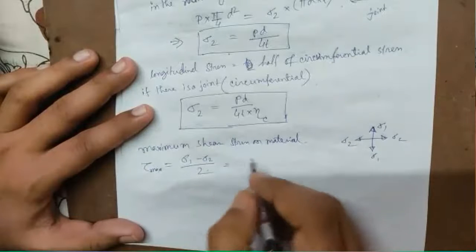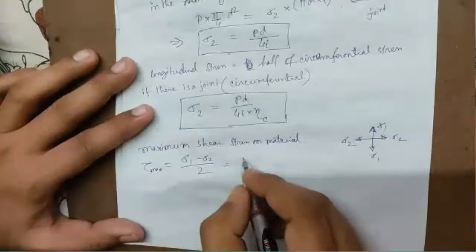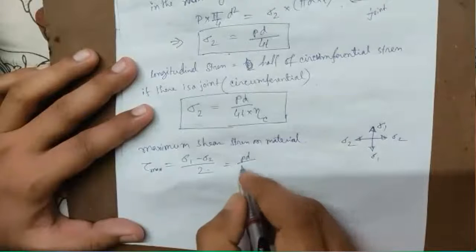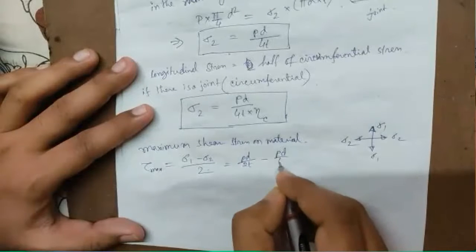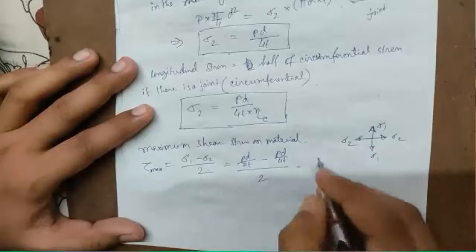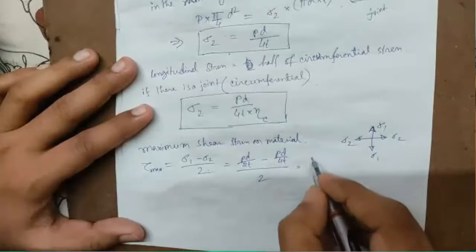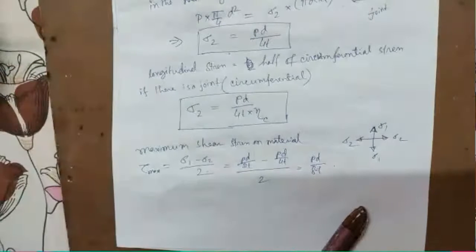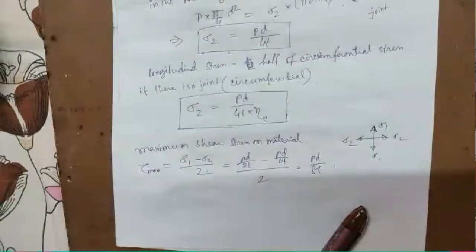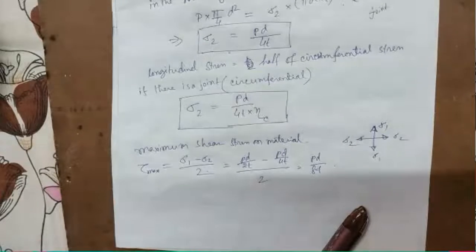This can be written as, by putting the values of sigma 1 and sigma 2, Pd by 2t minus Pd by 4t, by 2. So Pd by 4t by 2 again, so Pd by 8t. So that is the maximum shear stress on the material of the pressure vessel.